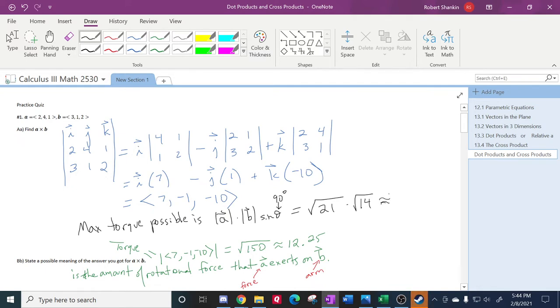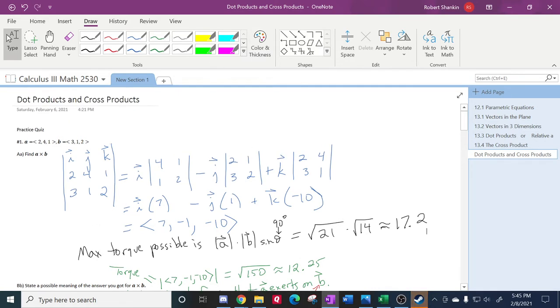If I take those two and multiply them, and then raise to the 0.5 power, I get 7 root 6, approximately 17.2. So the maximum torque possible was 17.2, and we got reasonably close, 12.25. So these two have a good deal of them that is perpendicular.